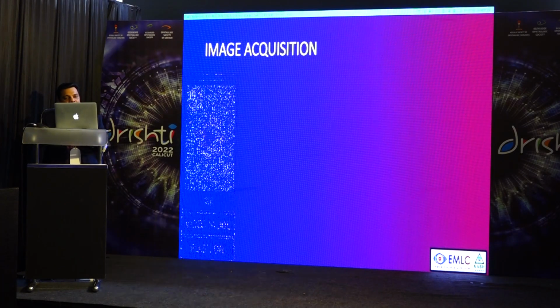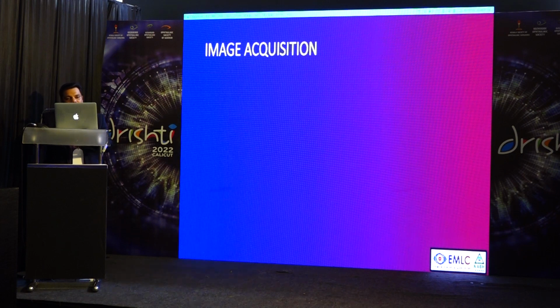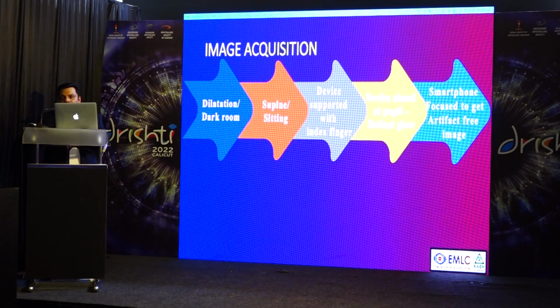So how to acquire the image? Use video mode with flash on, with dilatation in a dark room preferred, supine or sitting position. You support the device with one hand with the index finger, and with the other hand you open the lids of the patient so that, with the dilated pupil, you can get a good image using your smartphone.